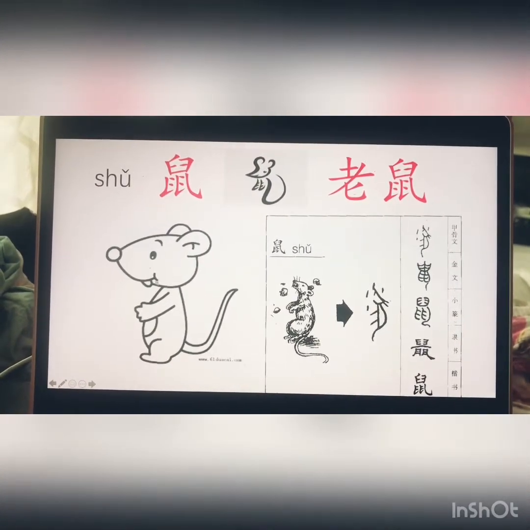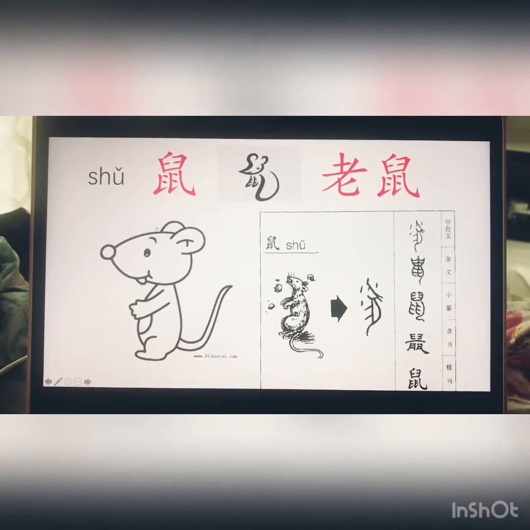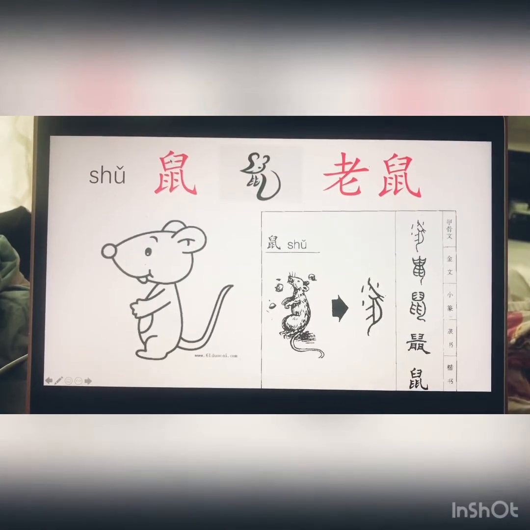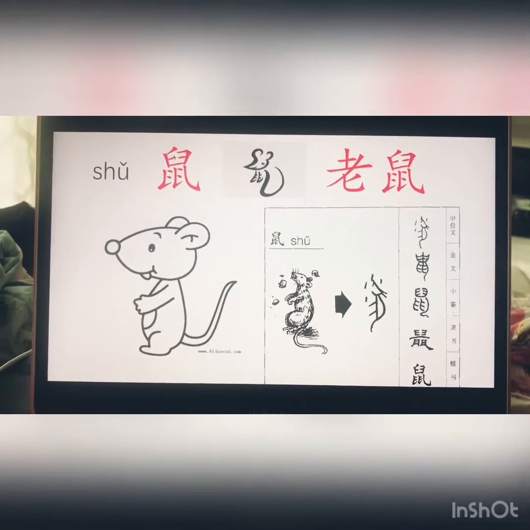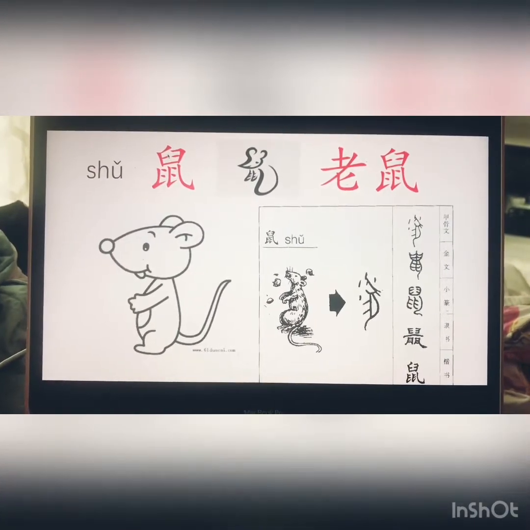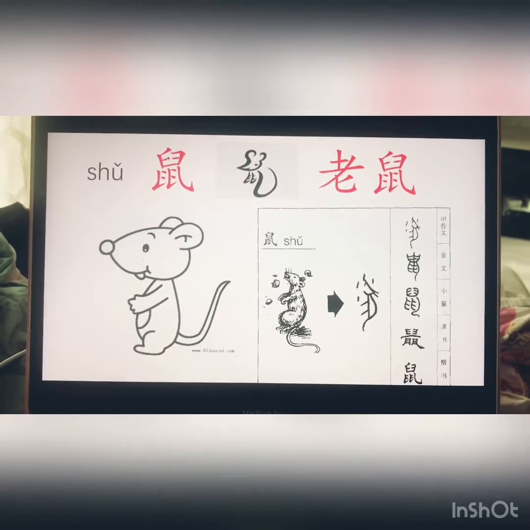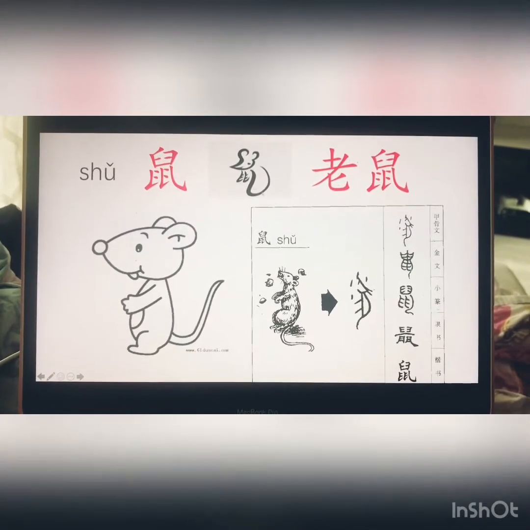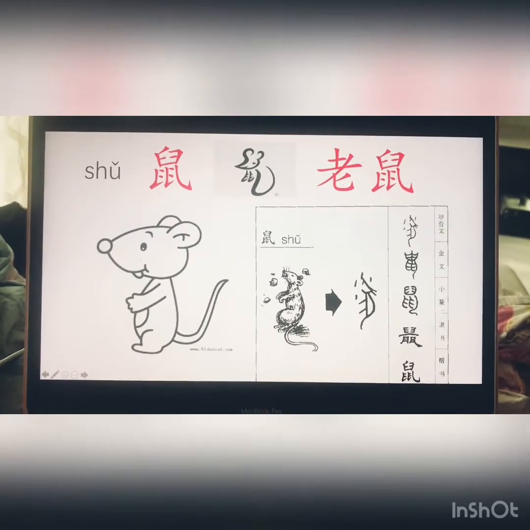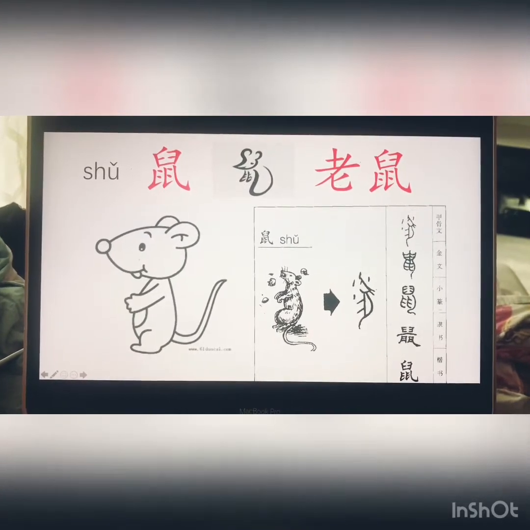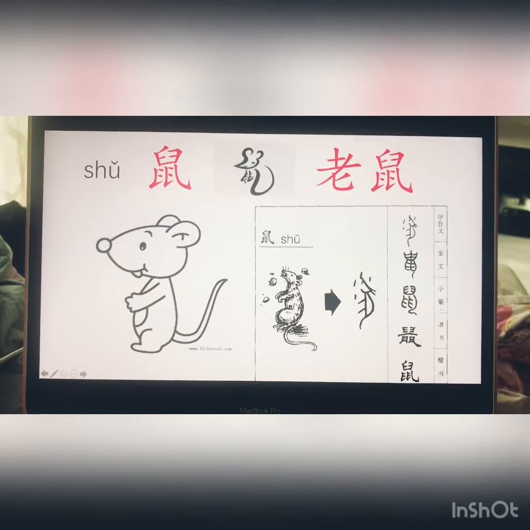And on the top here, maybe you can think of it as the house or the hole where the rats live under the ground, very dark. And the long one here, you can think of as the tail of the rat. So we can look at here, maybe it will be helpful.